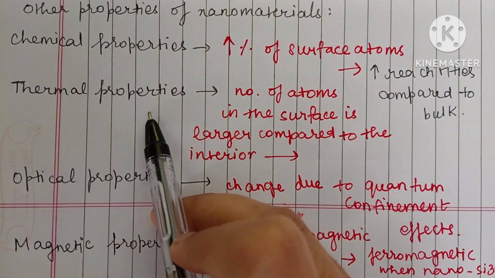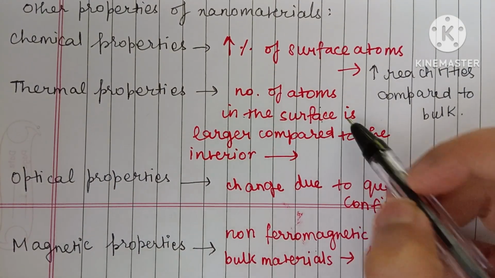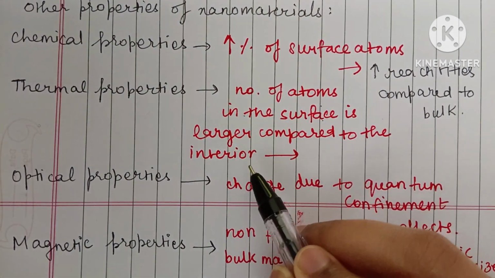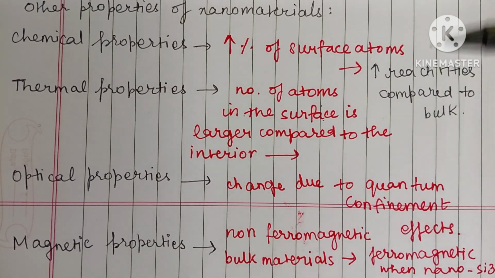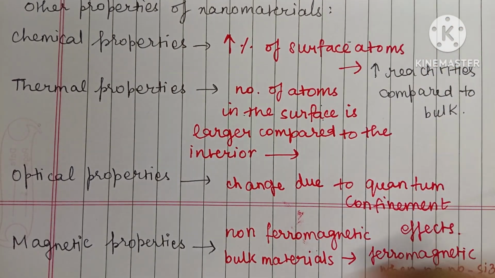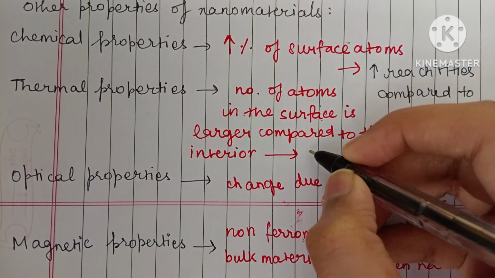Secondly, thermal properties. The number of atoms in the surface is larger compared to the interior. This is due to the surface area to volume ratio in both these cases, and so because of this, the melting point is lower.